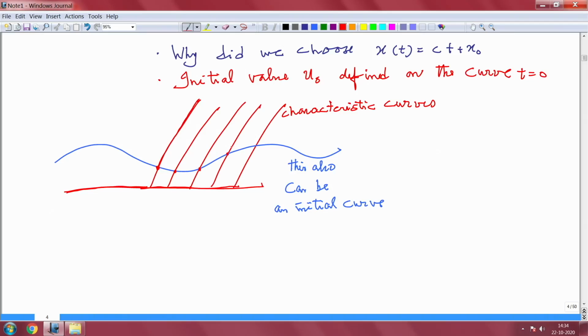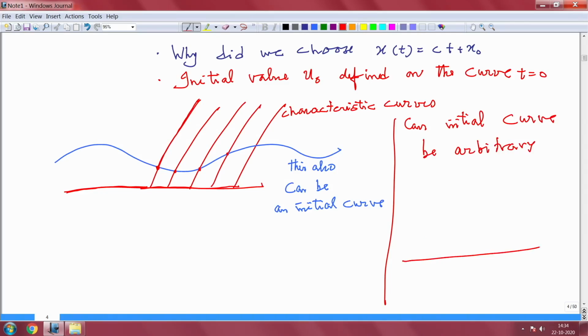So, you may ask a question, can I have my initial curves arbitrarily? That is not possible. Can the initial curve be arbitrary? So, for example, I take this one and these are your characteristics.